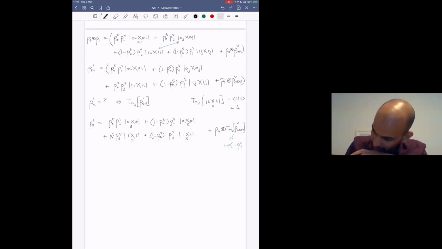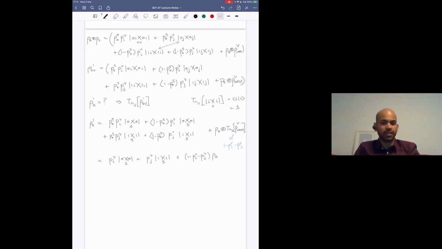This can be further simplified. We can combine the terms which have the same projector on S to get PIV 00S plus PJV 11S plus (1 minus PIV minus PJV), and that's just multiplied by the original state of what S was.